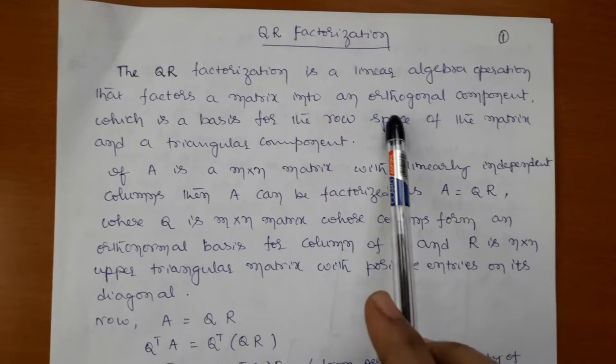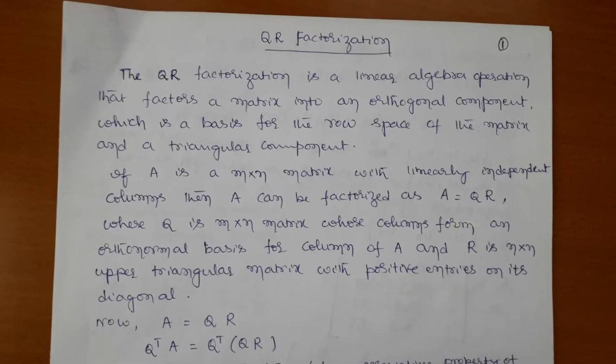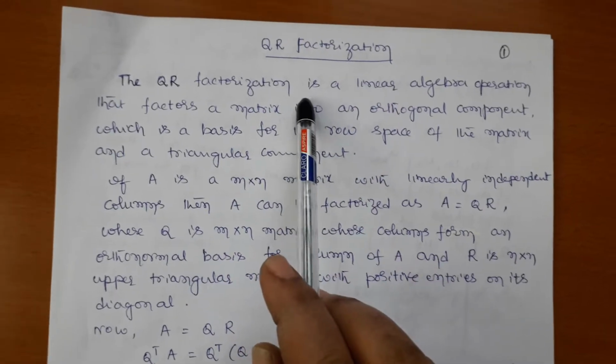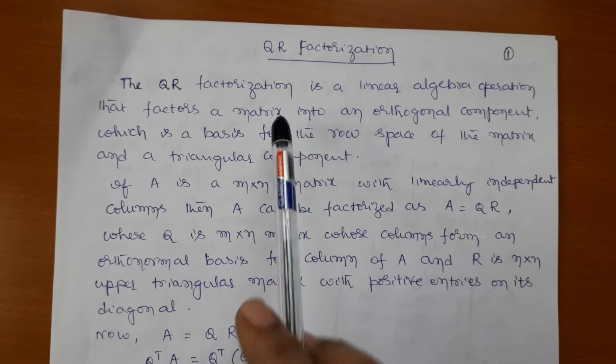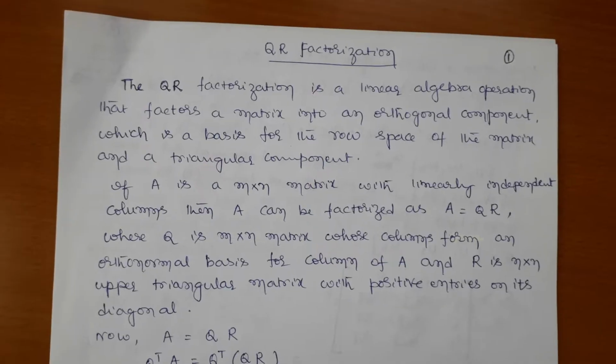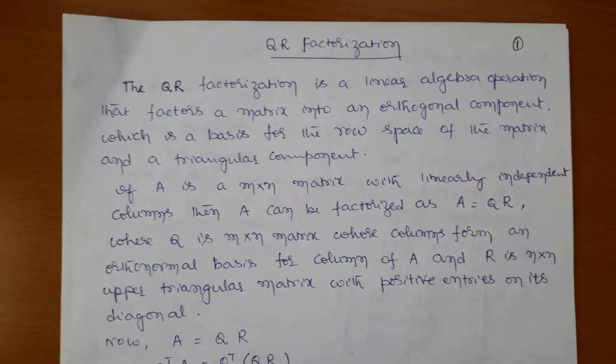Actually, QR factorization is one of the methods that comes under inner product space. This QR factorization is very easy whenever we are clear on how to apply the Gram-Schmidt method. Once you are clear on the Gram-Schmidt process, it's very easy to understand QR factorization.